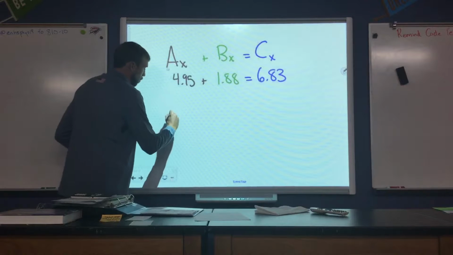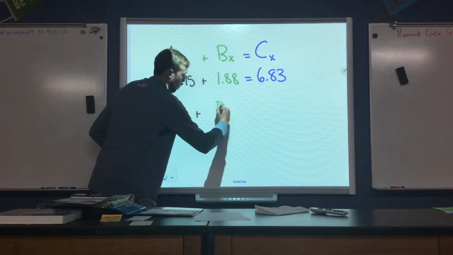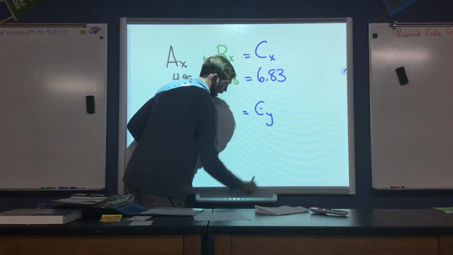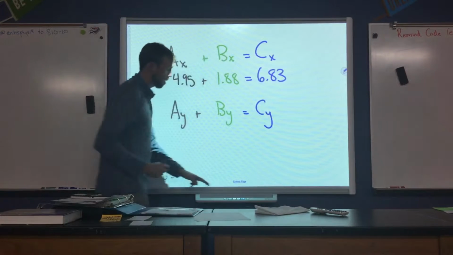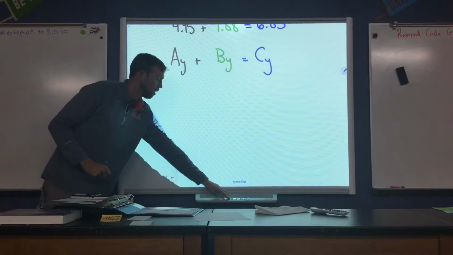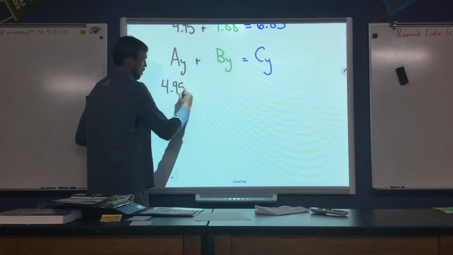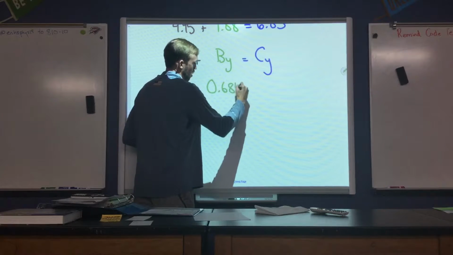And then we have a sub y, we'll add the values that are in the same direction, plus b sub y, and that should equal c sub y. So now I'm just going to add my values for the y direction. So a sub y was 4.95, b sub y was a small value, 0.684.